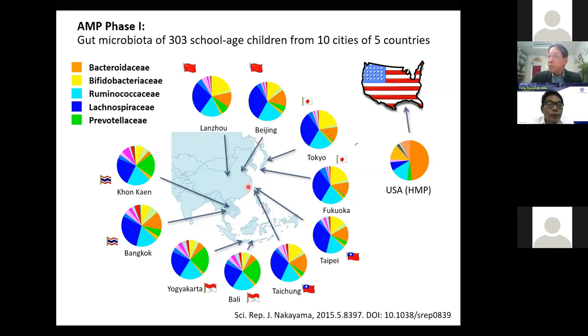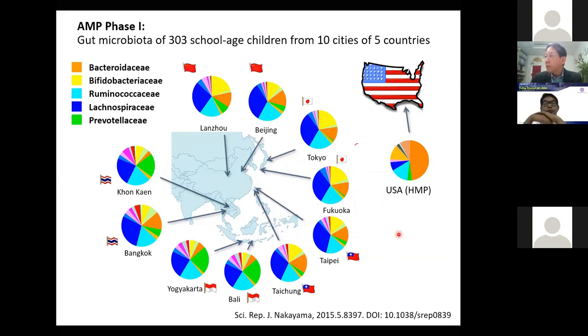You may simply feel that all of these microbial composition data contained a high level of bifidobacteria, colored by yellow, especially the children living in East Asia, who are highly colonized by bifidobacteria.